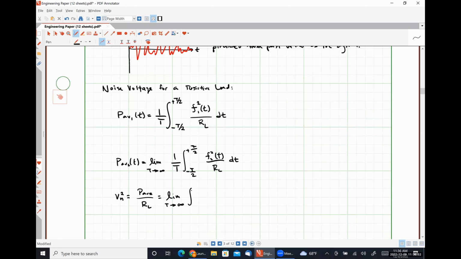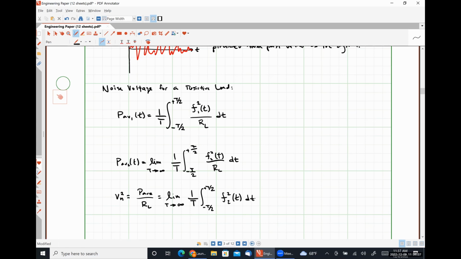Looks like I'm missing a term here in my notes, so I'll need to double check this, but I don't know how what I'm about to write down couldn't be correct. Sorry, I no longer should have the over RL because I took that out. F2 squared dt.